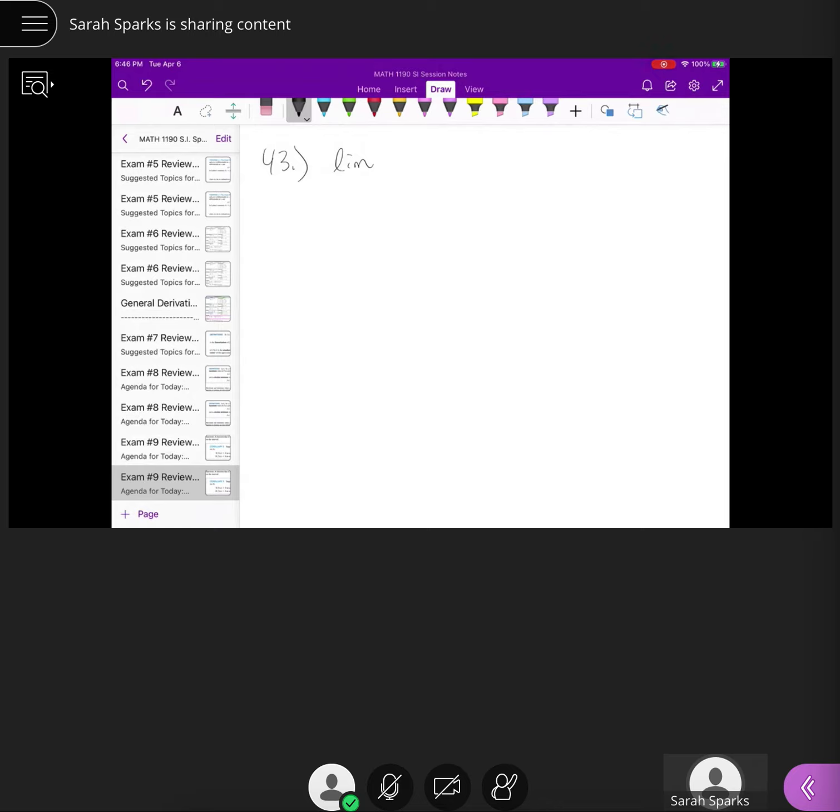The limit as theta goes to 0 of cosine theta minus 1 over e to the theta minus 1. So if we use direct substitution right away, what kind of indeterminate form would this be?